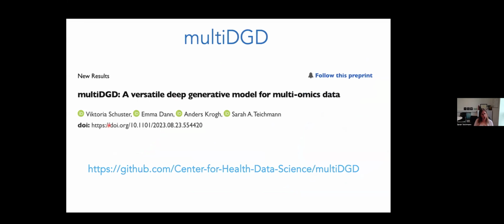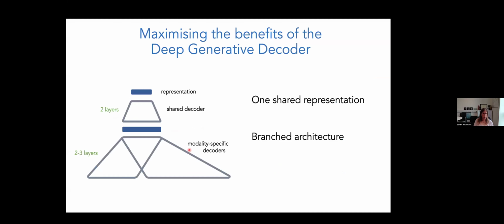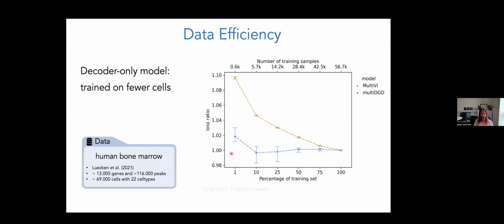This was developed by Victoria Schuster, who came to visit our group from Anders' lab in Copenhagen, together with Emma Dam, who's a joint student between my lab and John Marioni's lab. The benefit of the deep generative decoder is that you have a shared representation for the multiple layers, and you're modeling the specific modalities in lower layers with a branched architecture, as well as modeling covariates, which I'll come on to.